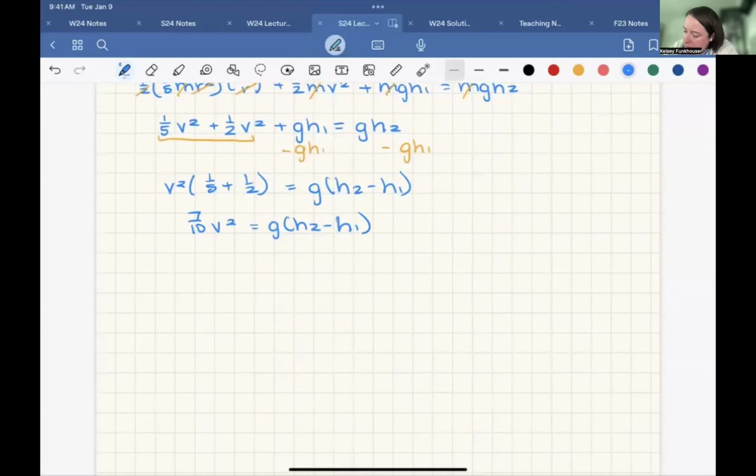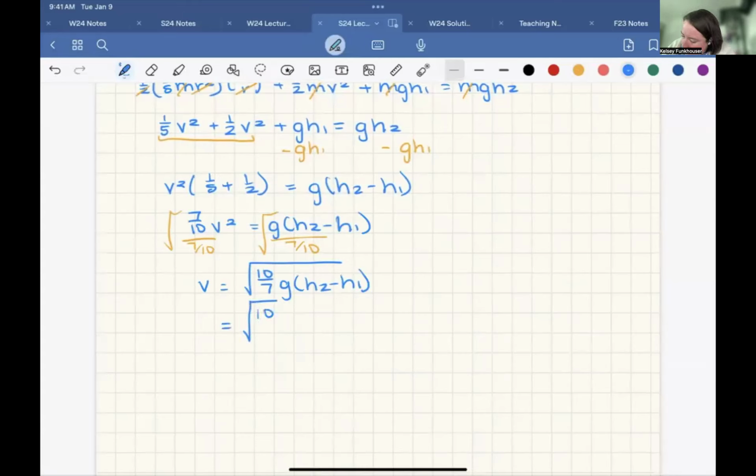And then let's finish solving for the velocity. So we'll divide by 7/10 on both sides and square root both sides. So for the velocity, we get the square root of 10/7 g times h2 minus h1. And then let's plug in our numbers.